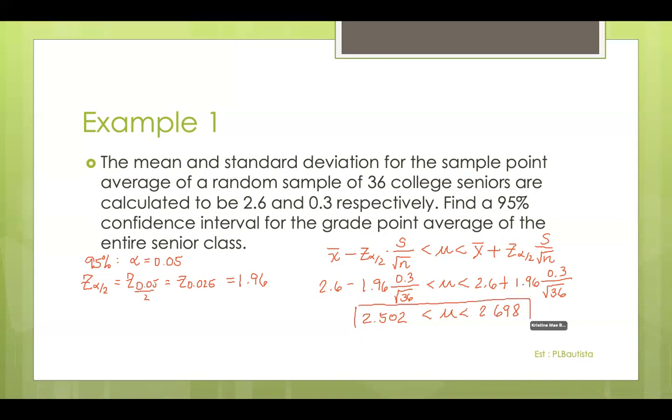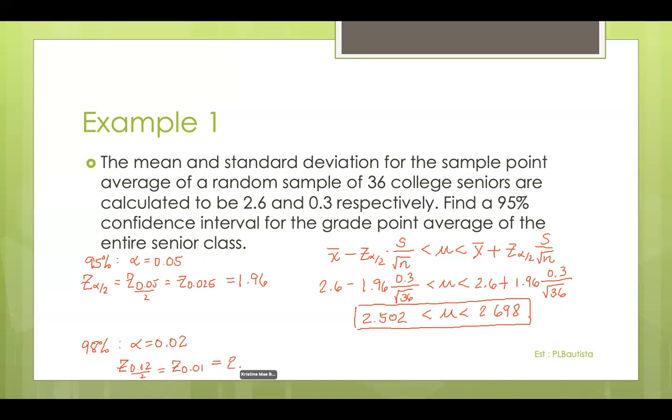Now, suppose instead of a 95% confidence interval, let's compute a 98% confidence interval. At 98%, our alpha would be 0.02. Using the same methodology, we will be looking for z of 0.02 over 2, or z of 0.01. You can verify using your z tables that this value is equal to 2.33.